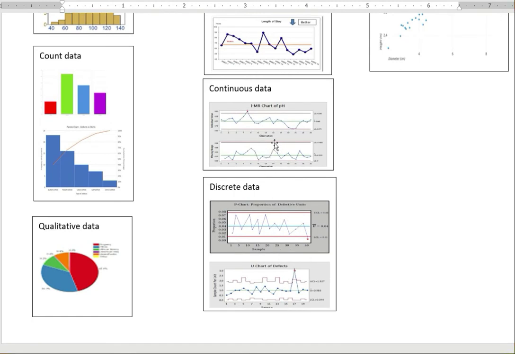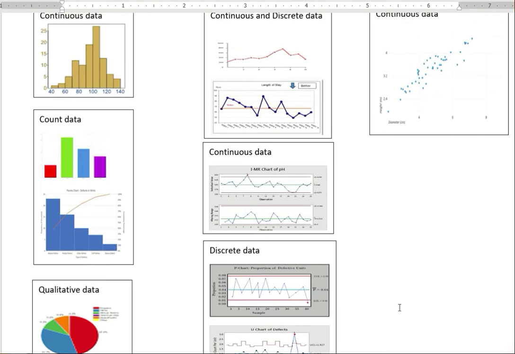We can use control chart for continuous data, also control chart for discrete data. You know, there are three options for time series data. One is line, second one is run, third one is control chart. The best graph for the presentation of time series data is control chart. There is no doubt. This is as per the statistical literature. The best graphical method for the presentation of time series data is control chart.